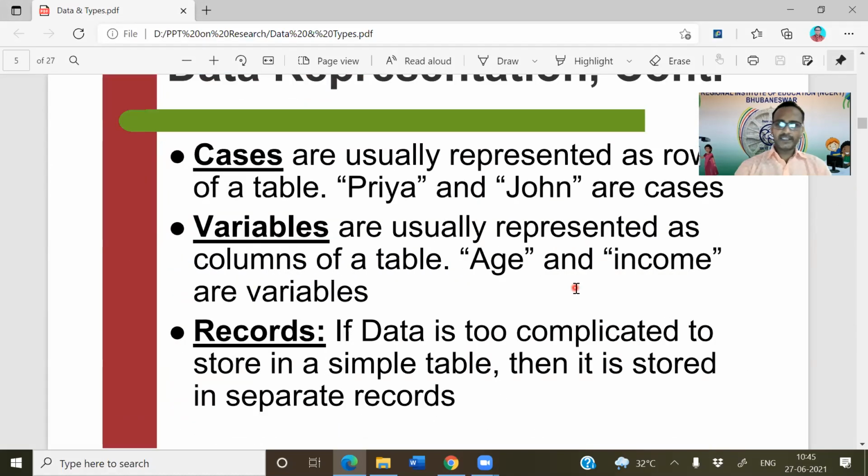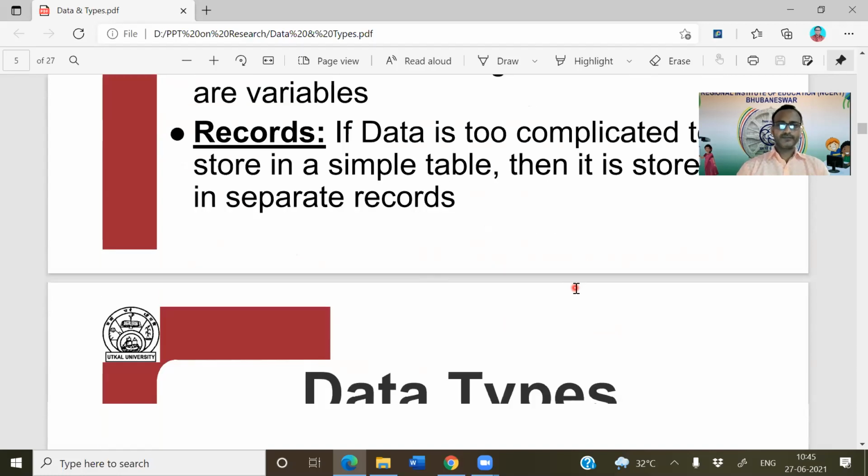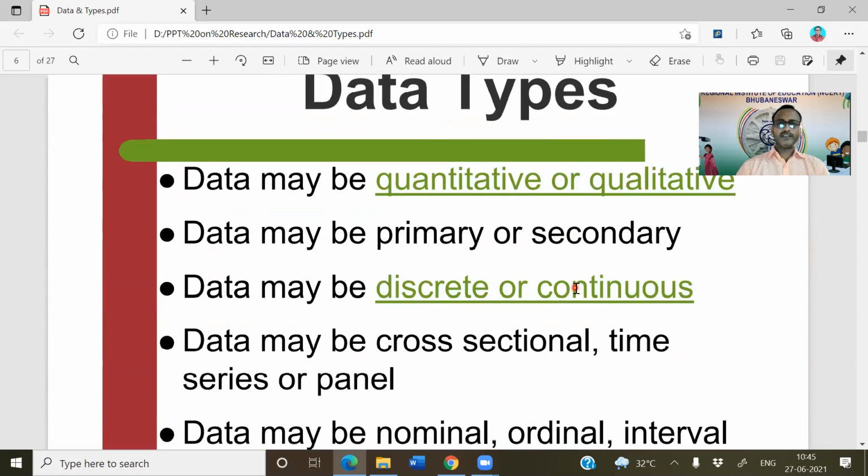Okay. I told you the cases, variables and records. Let us see the types of data. Data can be quantitative and qualitative, I told you. When you collect data or information in terms of number, in terms of quantity, that is quantitative.